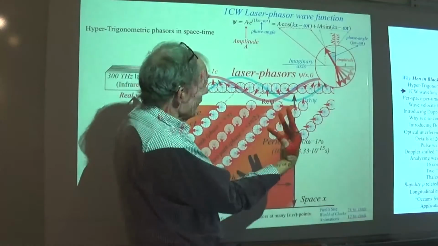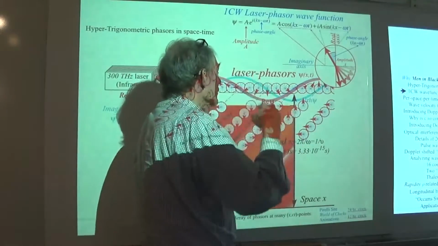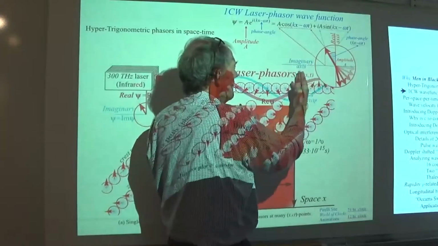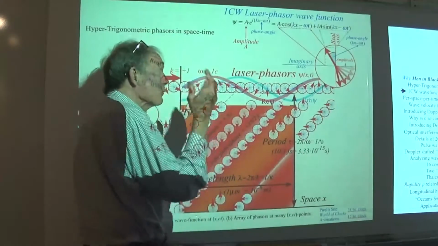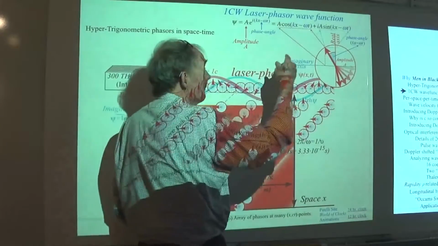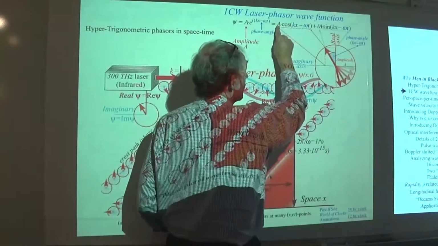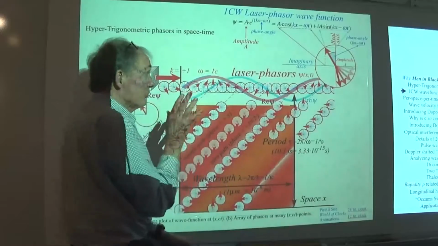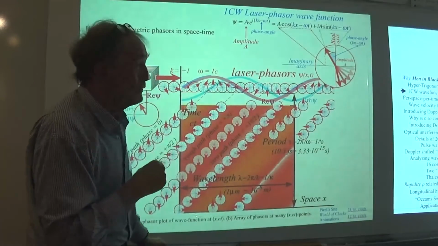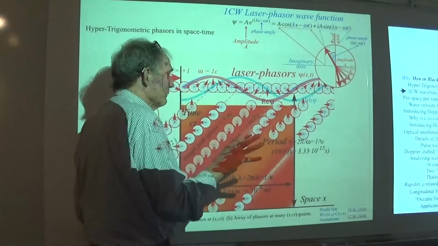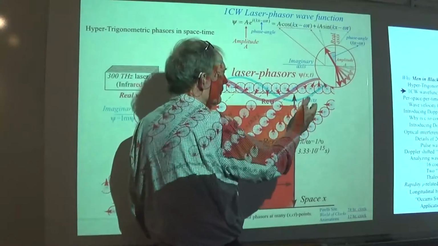What color are they? How fast do they wiggle? How many wavelengths can you fit in a box? That's first quantization. But then there's this other number called the amplitude, and I'm going to show you this today, but later on we're going to see it's a frequency too. Everything's a frequency, as it turns out, if you use the right unit.